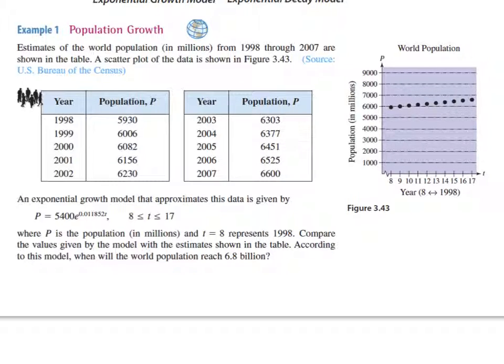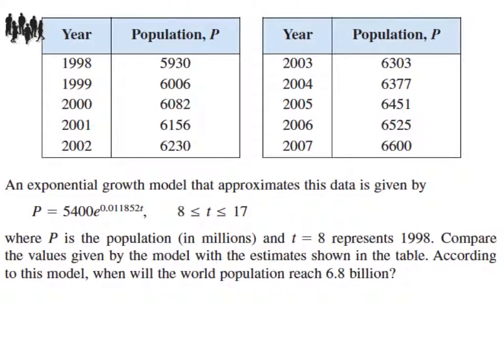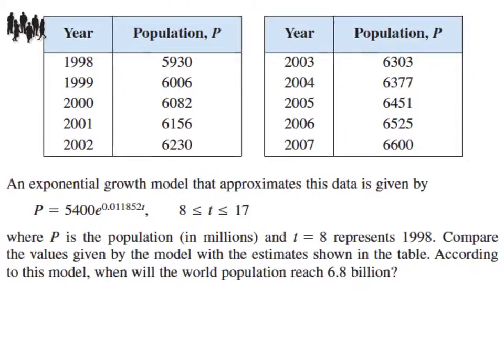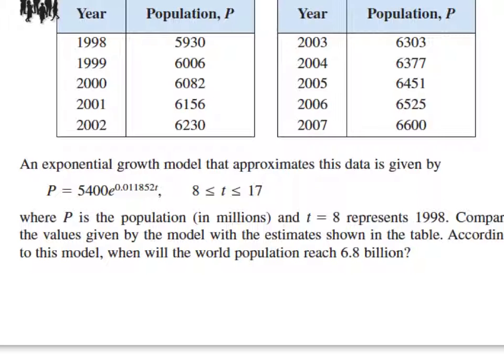But the nice thing for us is that for this example, the model has already been given, okay? And notice our domain is for t equals 8 to 17 because our model went from 1998 to 2007. So they're using 1990 as our 0 again, okay? That's something to keep in mind.